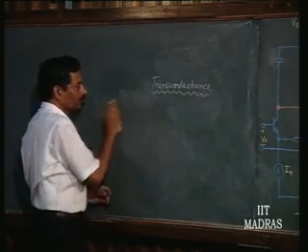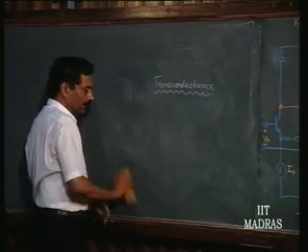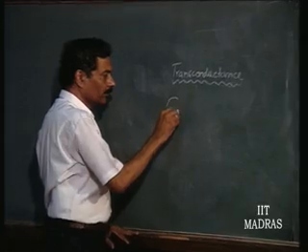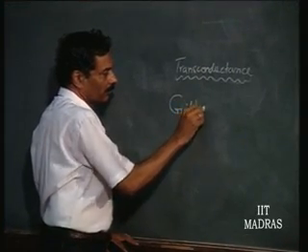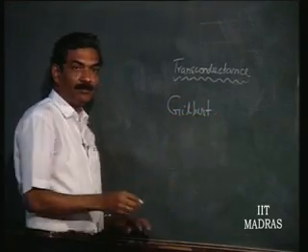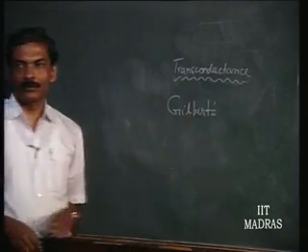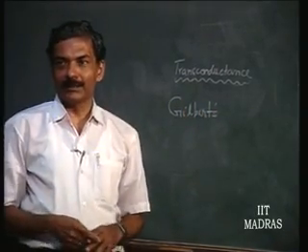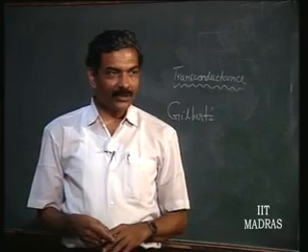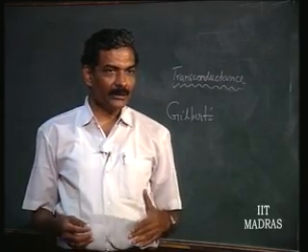So this is Gilbert's multiplier, and we have already discussed earlier what is called Gilbert's gain cell.